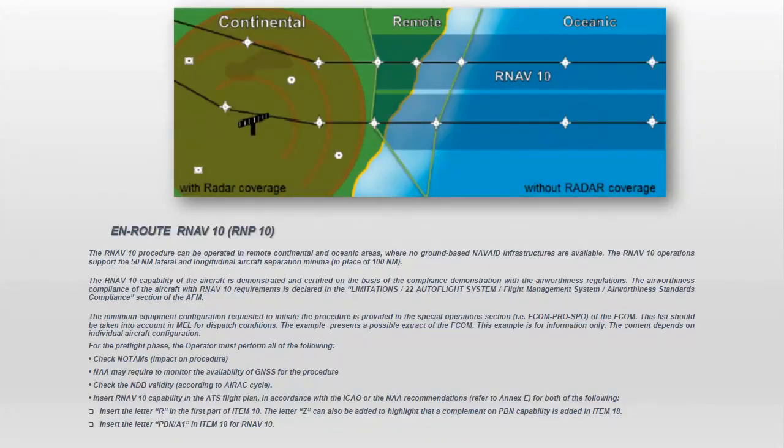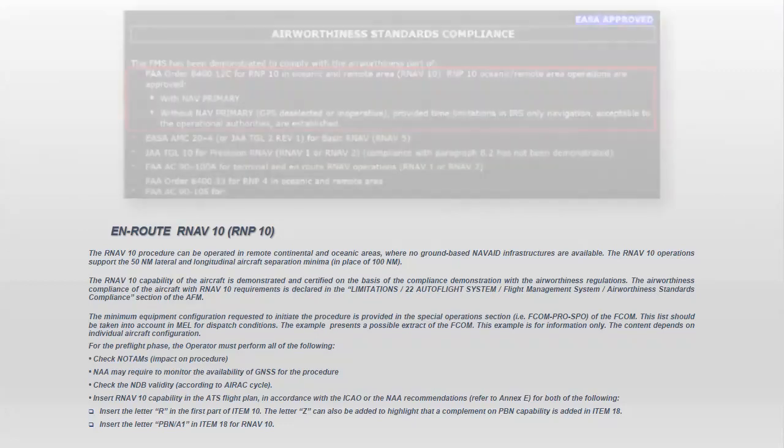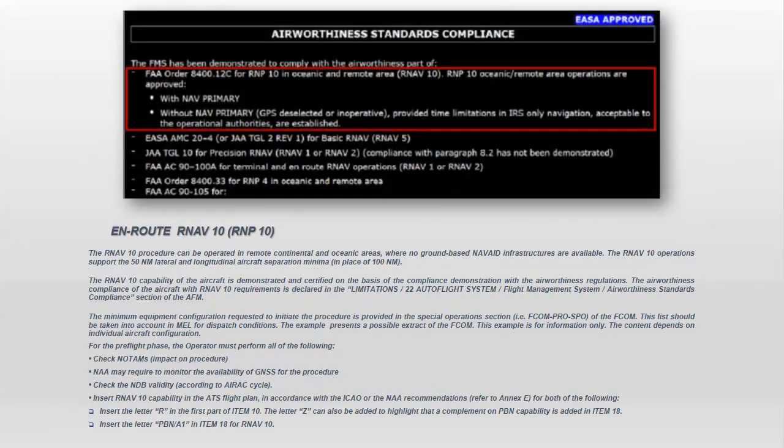The RNAV 10 procedure can be operated in remote continental and oceanic areas, where no ground-based navaid infrastructures are available. The RNAV 10 operations support the 50 nautical miles lateral and longitudinal aircraft separation minima, in place of 100 nautical miles. The RNAV 10 capability of the aircraft is demonstrated and certified on the basis of the compliance demonstration with the airworthiness regulations.